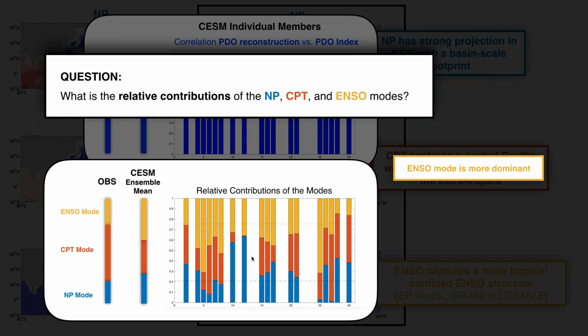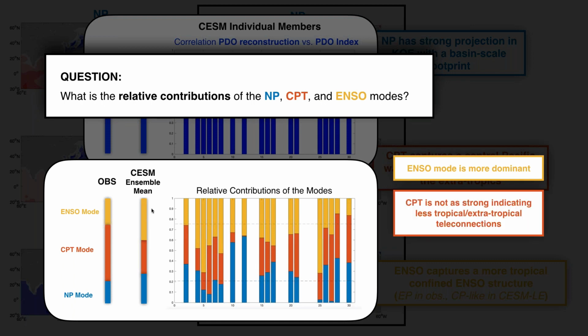We found that the ENSO mode is more dominant in the models compared to the observation, and the Central Pacific teleconnection mode is not as strong as in the observation. This may show that in models there's less teleconnection between the tropics and the extratropics, and the North Pacific mode is comparable to the observation.